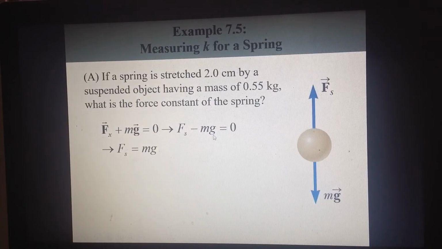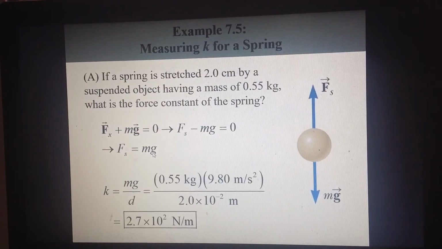This is just saying that the sum of all the forces must balance. So from here you get the force of the spring is equal to m times g. But because the force of the spring is equal to k times d, solving that equation you get k equals m times g over d. And if you substitute, you get 2.7 times 10 to the 2, and this will be in Newtons per meter.